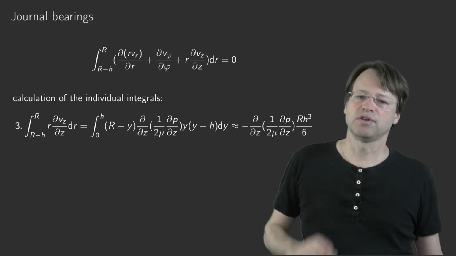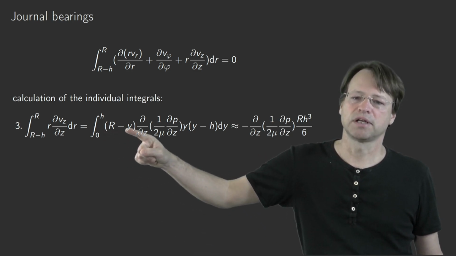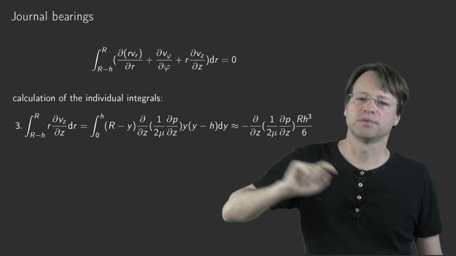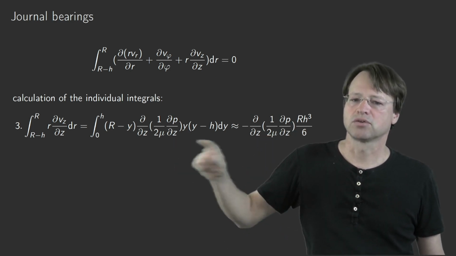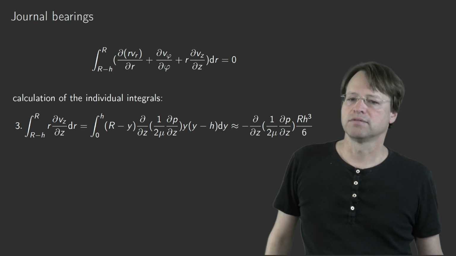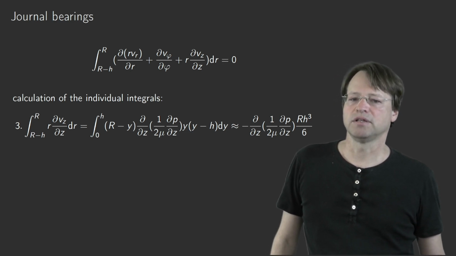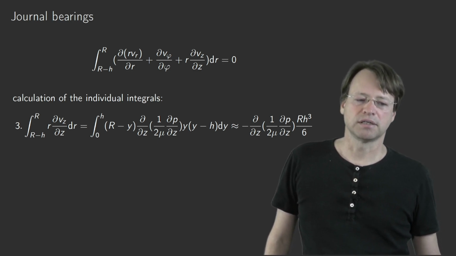So with this simplification, we replace that parenthesis by R, that R moved in front of the h cubed divided by 6. The rest is copied. The sign is negative. We obtain minus d by dz, 1 divided by 2 mu dp by dz.